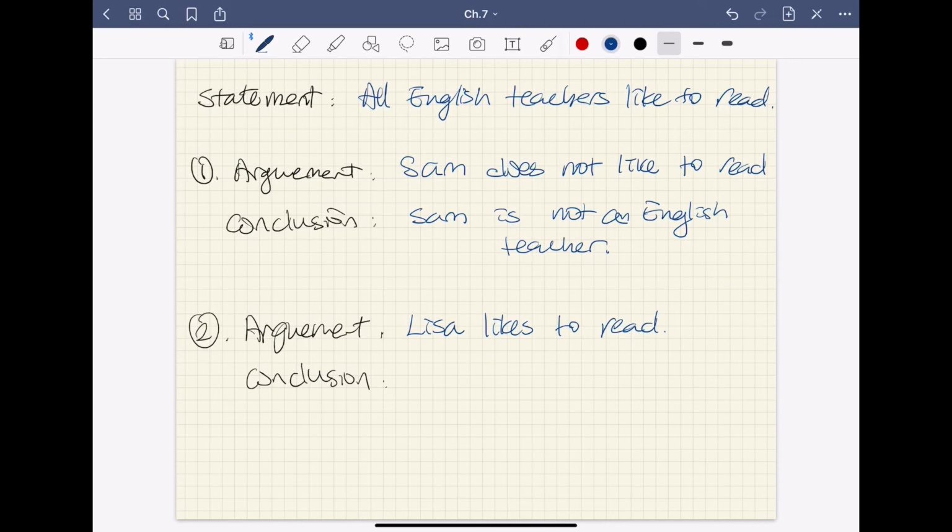Maybe lawyers like to read as well. Lisa likes to read doesn't necessarily mean that Lisa is an English teacher. Okay, so from this argument, we can't draw any conclusion. We don't know if Lisa is or is not an English teacher. So Lisa may or may not be an English teacher.